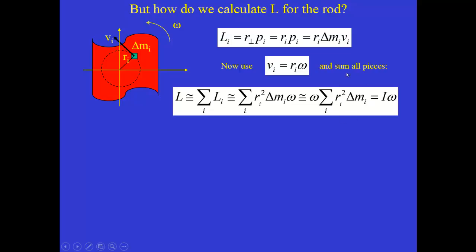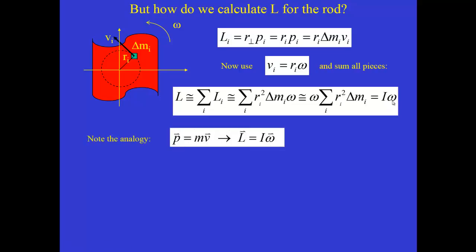We have seen this before. It's nothing more than the sum of the mass times the distance squared from the axis. And that's the moment of inertia. So what we see for this expression is that the overall magnitude of the angular momentum of a rigid object when it's rotating around a fixed axis is simply equal to the moment of inertia times the rotational velocity.